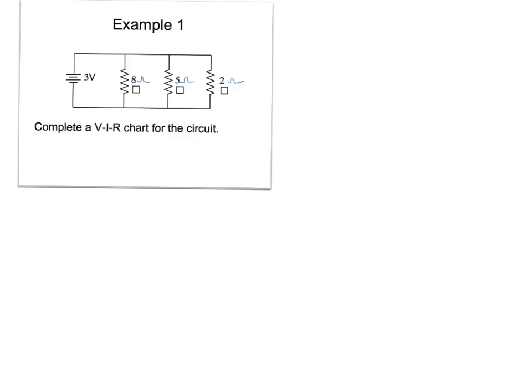So to make a VIR chart, I basically need a row for every part of the circuit. So on this circuit, let's say this is resistor 1, resistor 2, and resistor 3. So we'll have resistor 1, resistor 2, resistor 3, and the battery.